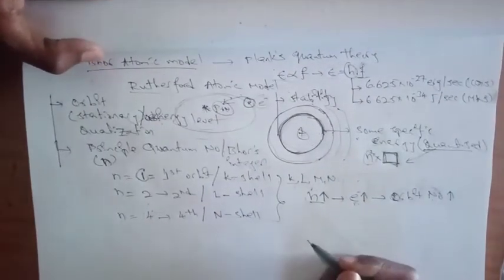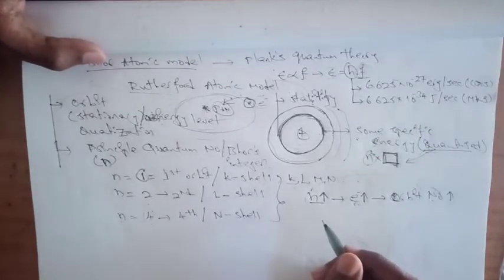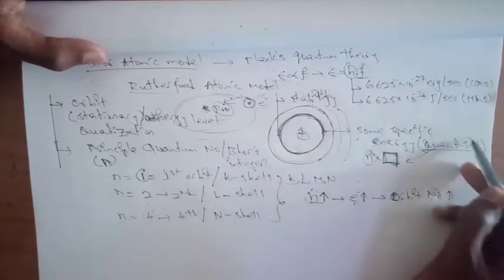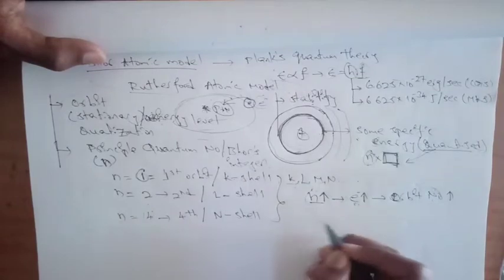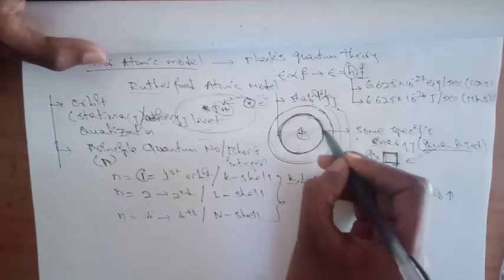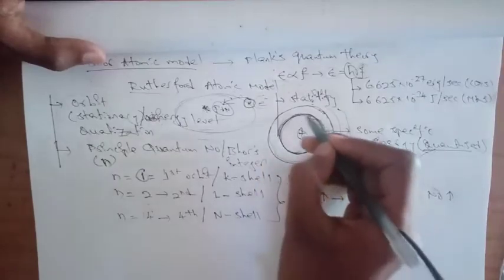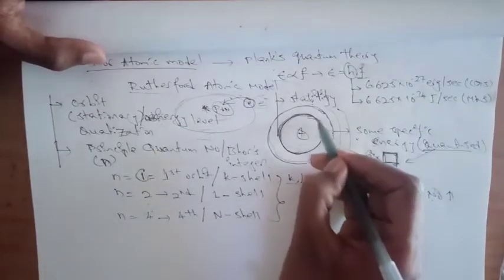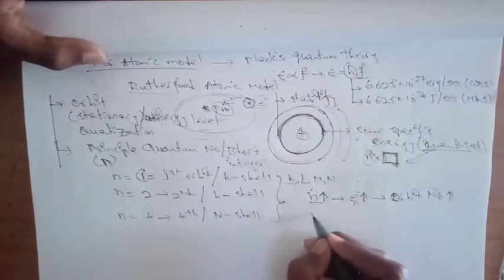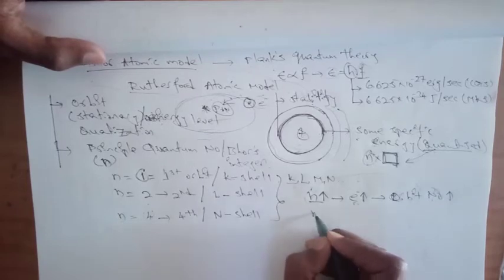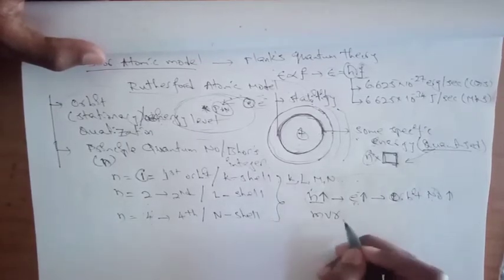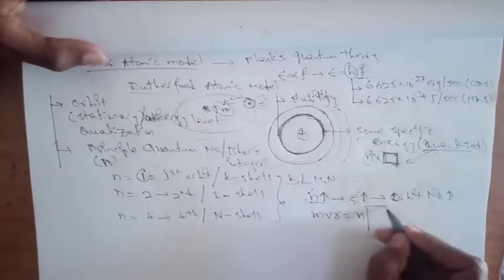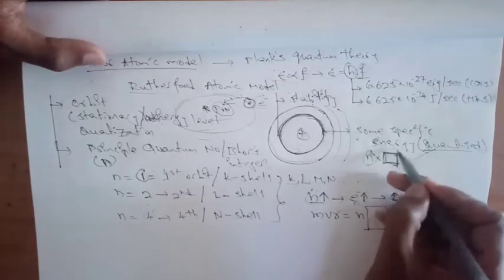and the electron revolves around the nucleus only in integer multiple parts, like I have discussed in the quantized concept. If the electron is revolving around the nucleus, it possesses some kinetic energy and angular momentum, which equals mvr, which equals an integer multiple of some quantity.